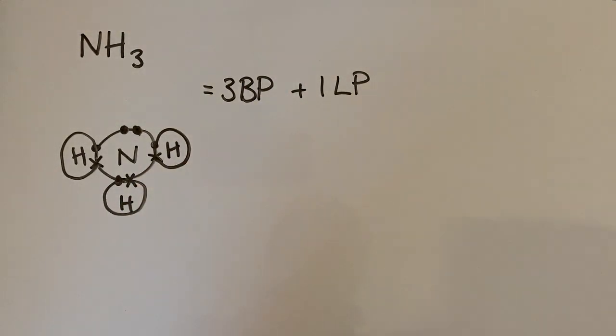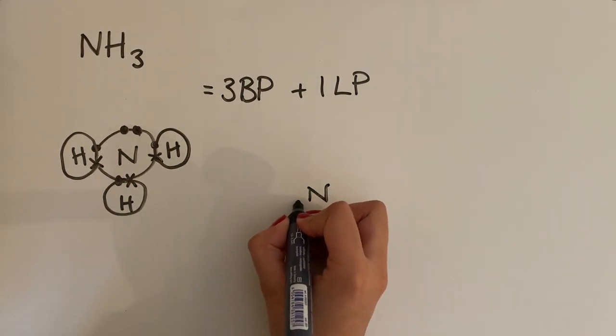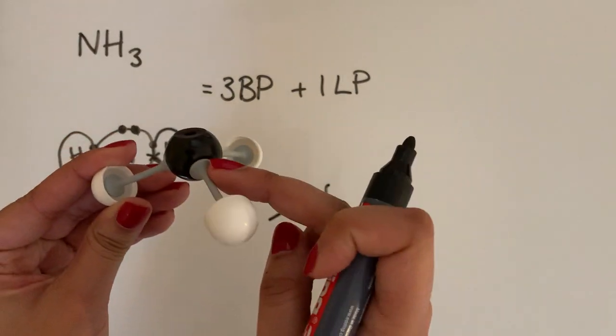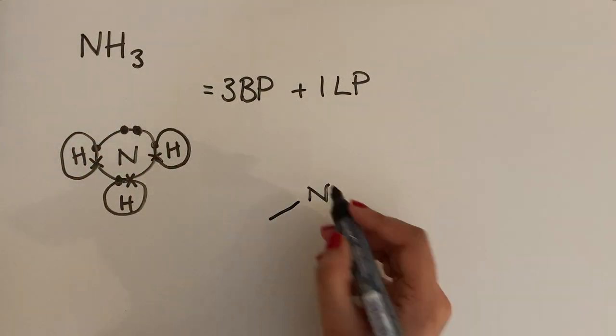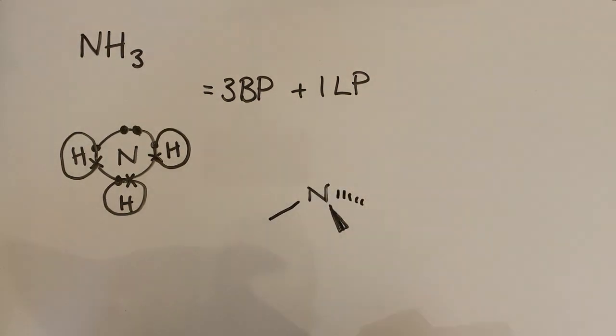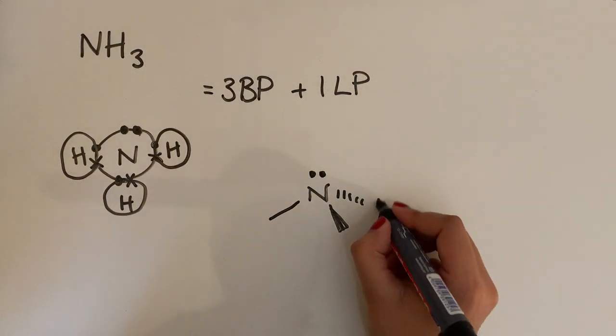In terms of drawing the 3D structure, we have 1 in the plane of the board, 1 going into the board, 1 coming out of the board. So it's basically the same thing as before, but we now don't have that bond at the top. We have a lone pair, so you draw the lone pair in.